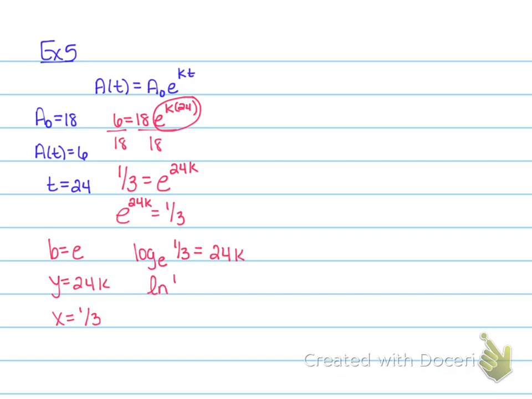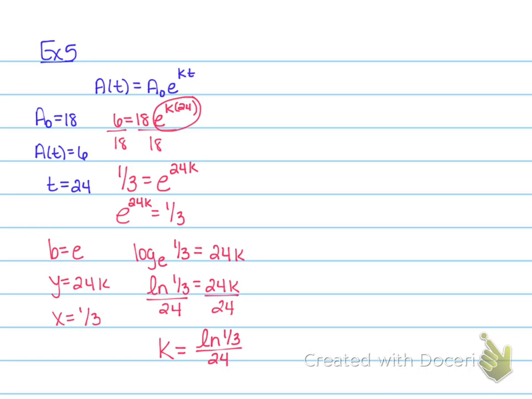So we get the natural log of 1/3 equals 24k, because remember log base e is natural log. Divide by the 24, and we know that k is equal to the natural log of 1/3 over 24. We can put that in our calculator and round it, but we'll get a more exact answer if we don't. So it's up to you.